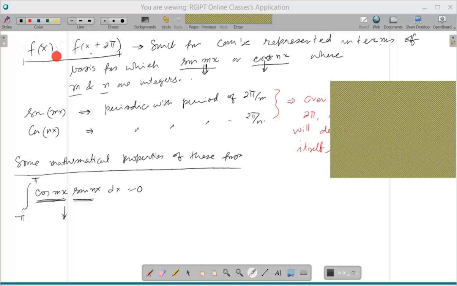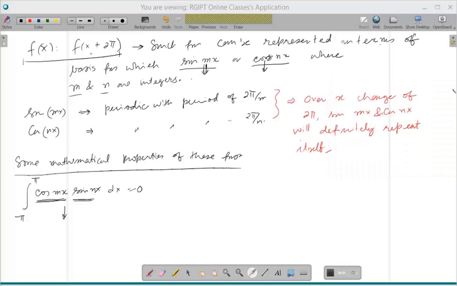Functions from the sine family and the cos family will be mutually orthogonal for any choice of m or n, because the net overlap will always be 0 if you take minus pi to pi as your range of integration. So that is the first property.